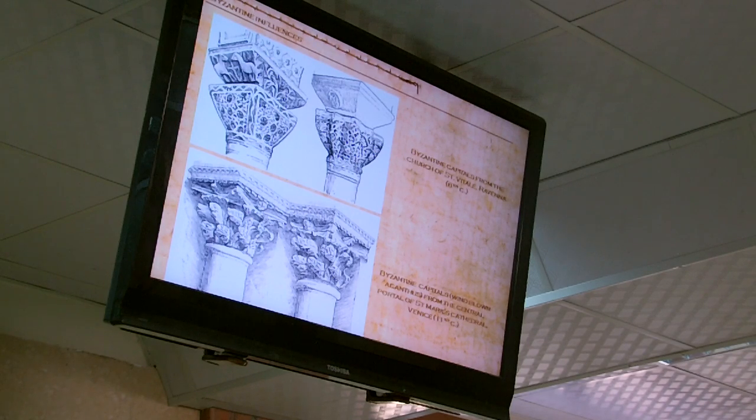However, most Byzantine capitals are characterized by their cushion, basket, and fold shapes, like the two on top. There are two capitals from the Church of St. Vitale in Ravenna.